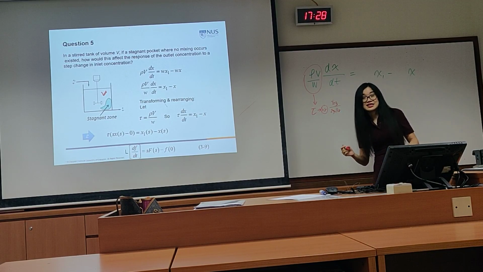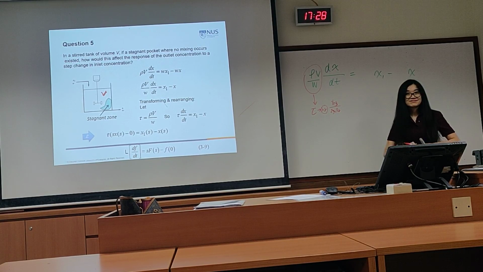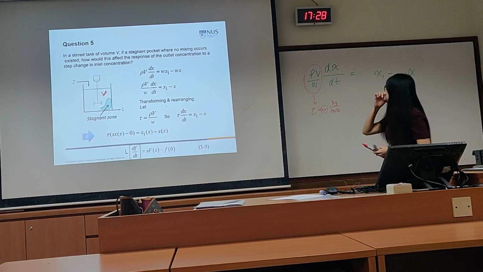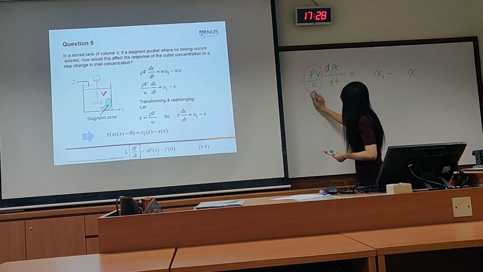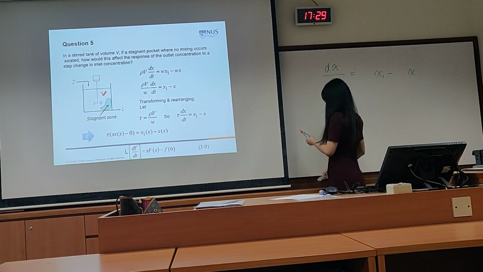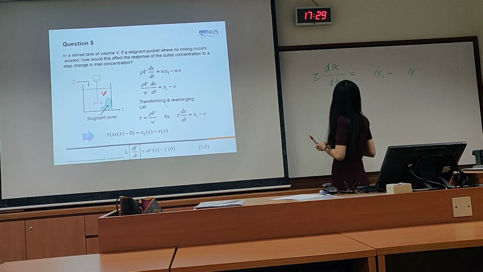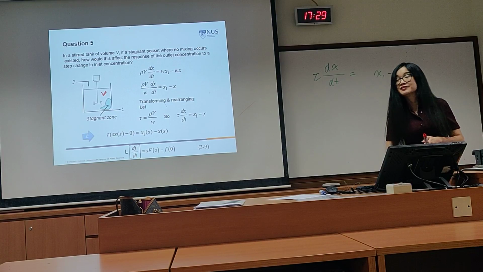This is how we call this new term a time constant. So if we define rho V by W as tau, we simplify the writing. Just use tau here, and we get a new simplified representation of the mass balance.